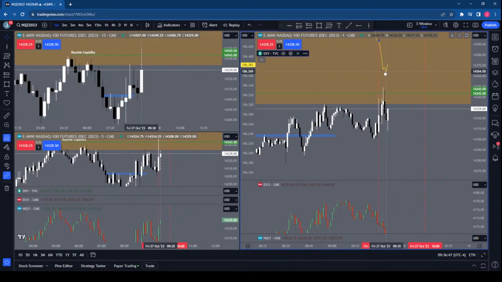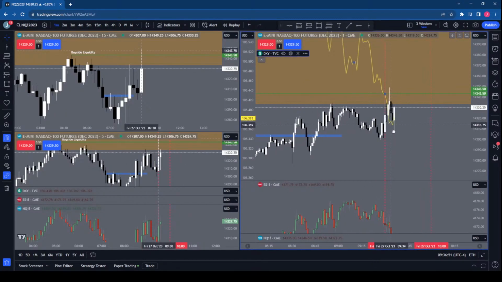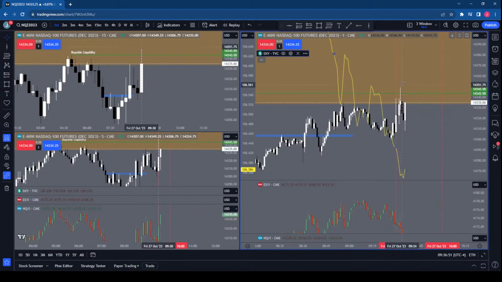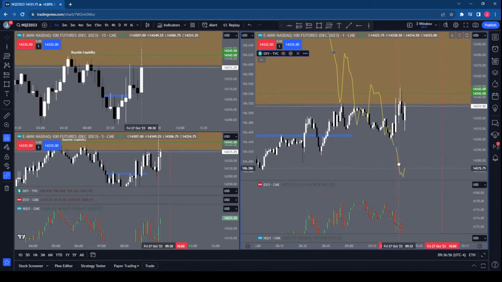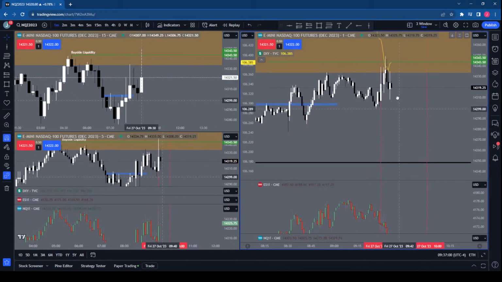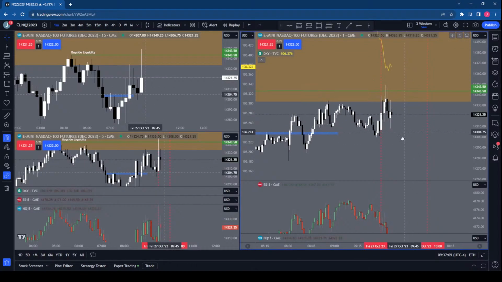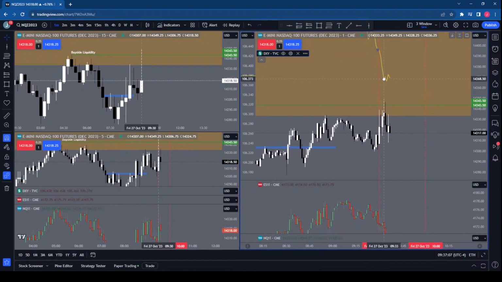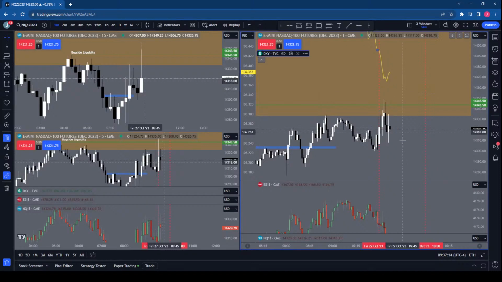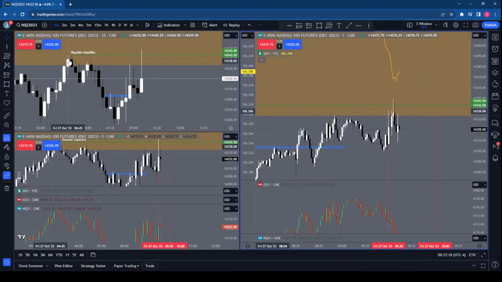I could see the dollar, if the dollar bottomed right here and started to retrace on itself, that would give the indices the allowance to drop lower. But that might not happen. This is why it's hard when the markets aren't in sync, because NASDAQ just took this liquidity.